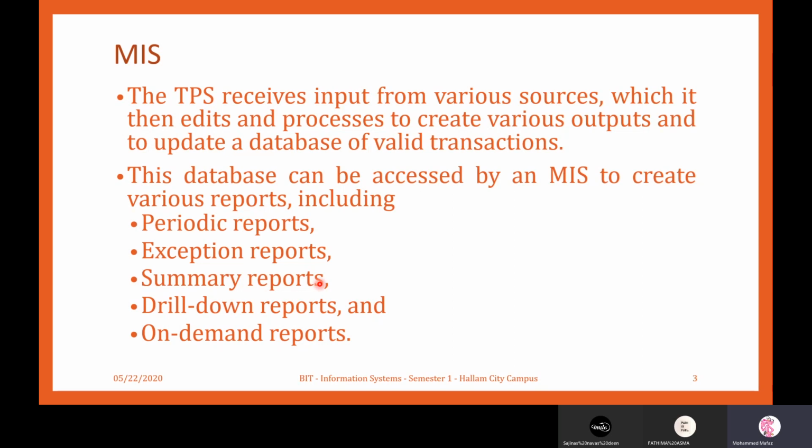A drill down report is something where, in this system, when you click on or press a button or some information, it keeps on going further. It keeps on going further, diving deep, right? That kind of report is known as a drill down report.